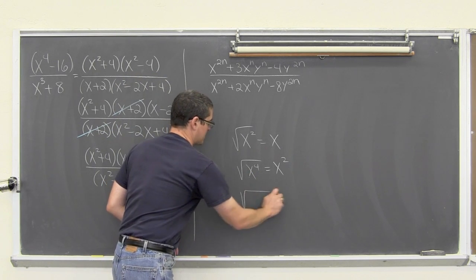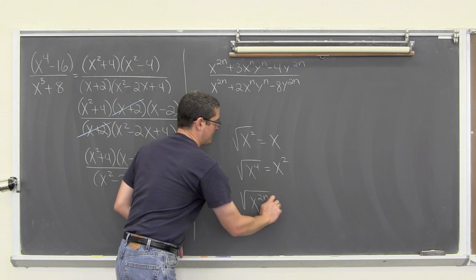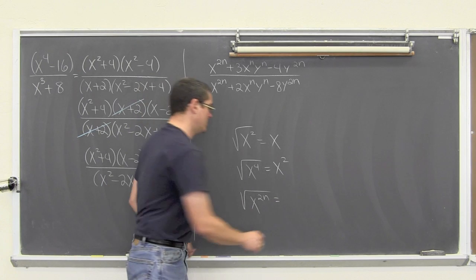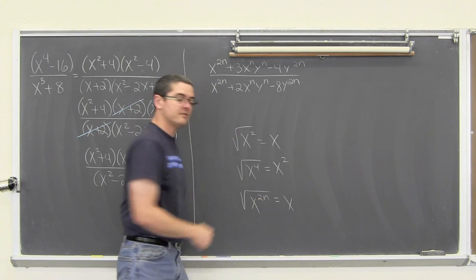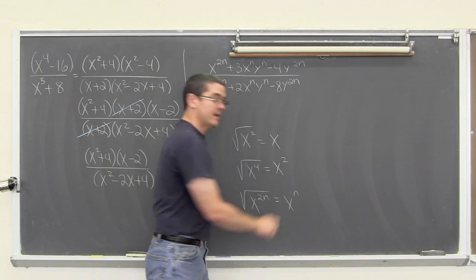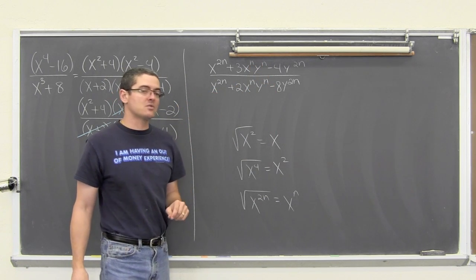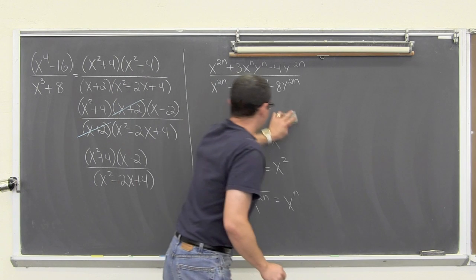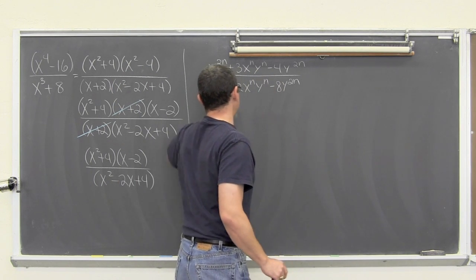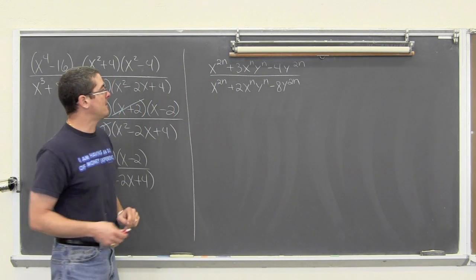So the square root of x to the 2n is going to be equal to, well, what's 2n divided by 2? n. That's where these exponents come from in the middle term of this trinomial. So we're following the pattern that we need for being able to factor this just fine.